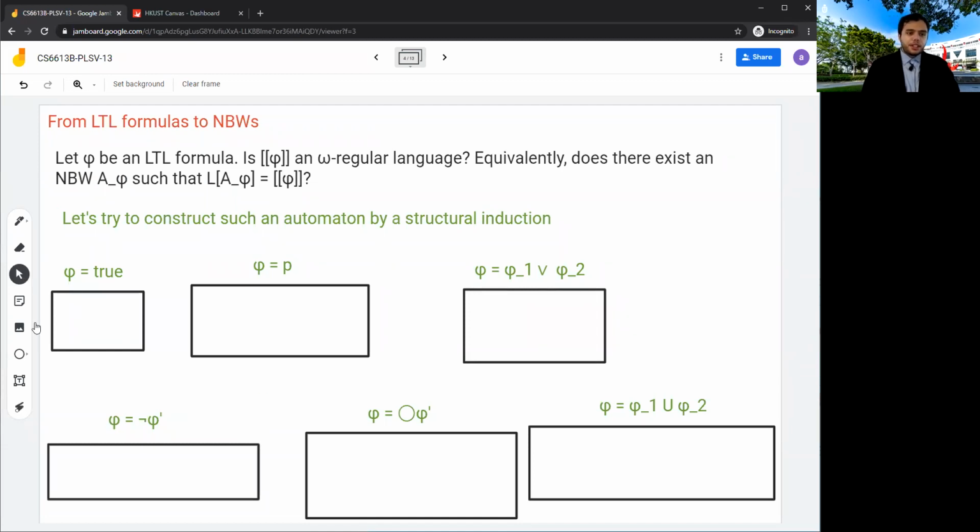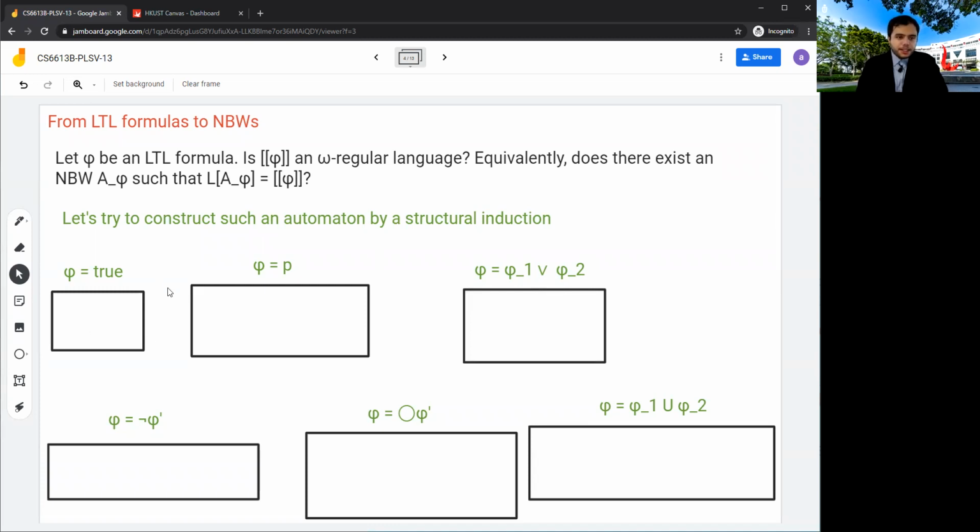And let's first try to do the simplest thing that comes to mind. Let's actually try to make these automata. Let's try to construct them. And let's do this in an inductive way. So for example, when I have phi1 or phi2, I assume that I have automata for each one of these, and then I use those to create an automaton for phi.